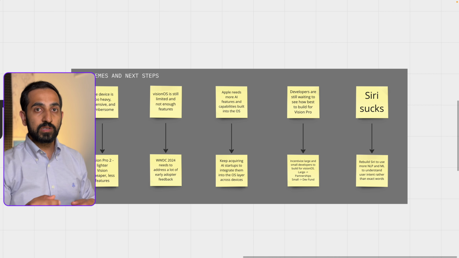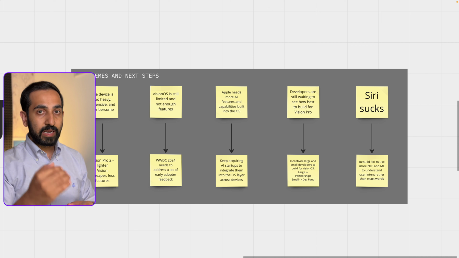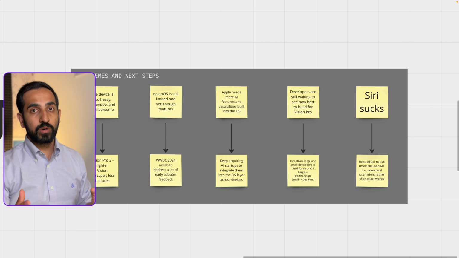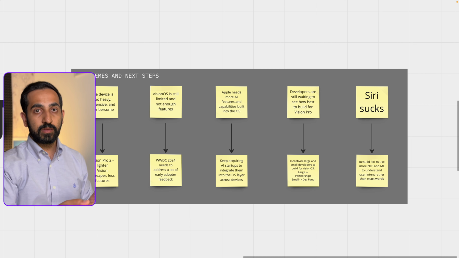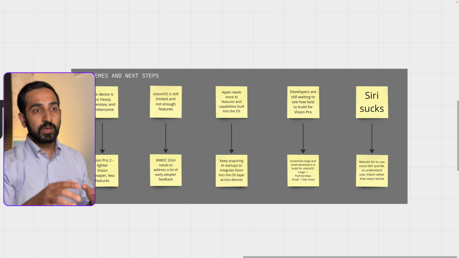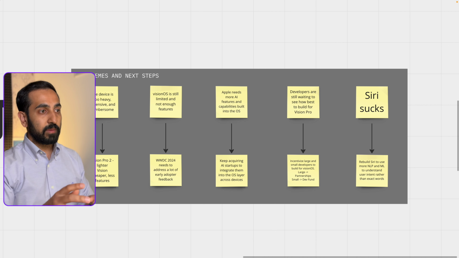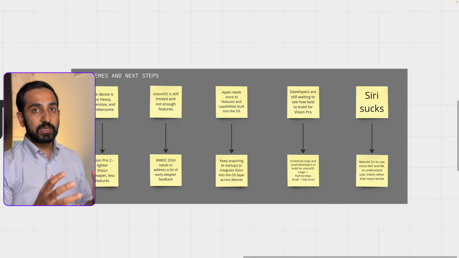Siri has to reach a reliability of at least 99%, where when a user tells Siri something, they can be 99% assured that Siri will do the right thing. It's only then that Siri will become a habit. And for a device that doesn't have a keyboard, mouse, or remote controls, Siri is a big interaction mode, so we need to make sure that Siri is fixed.